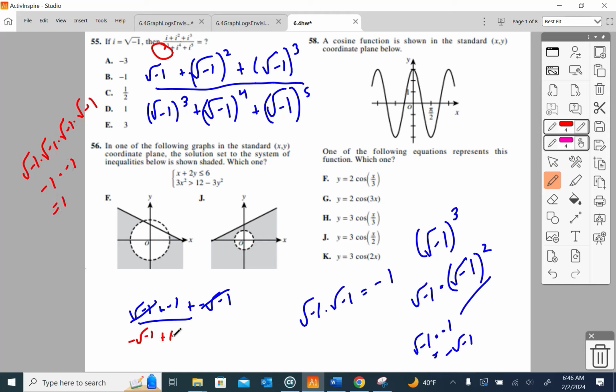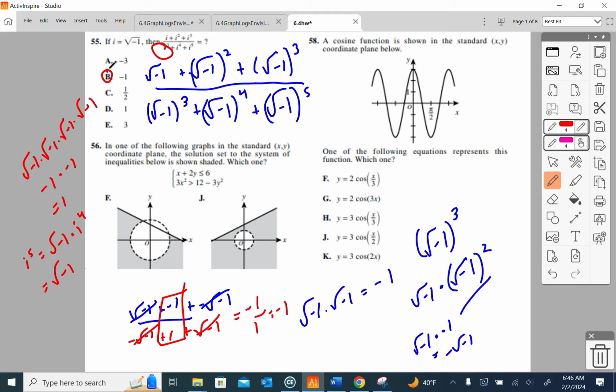So plus 1. And then there's i to the fifth. i to the fifth is going to be root negative 1 times i to the fourth, which was 1. So root negative 1. And again, you'll see these cancel out, and this is what we're left with. We're left with negative 1 over 1, which is negative 1.